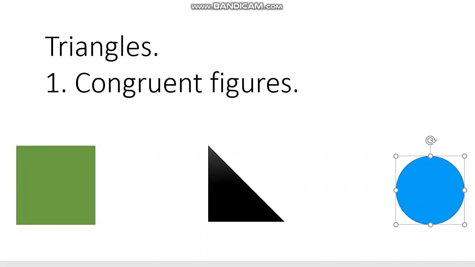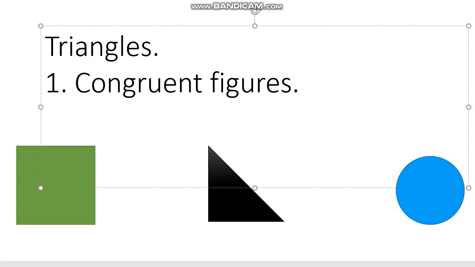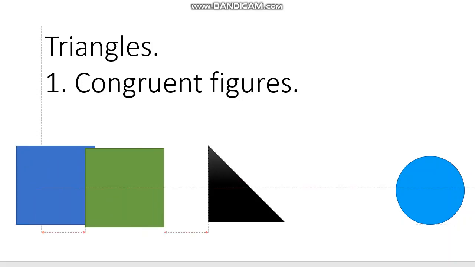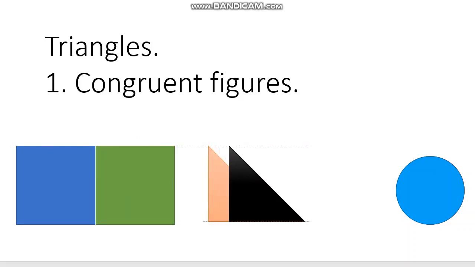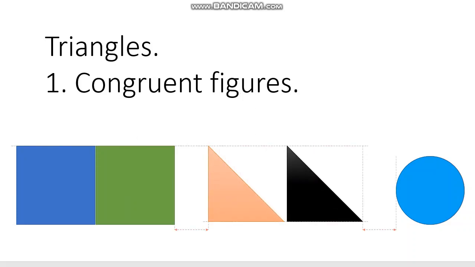Now what does this show? This says that the figures are duplicate of one another. See, blue one and green one, both of them have same size, same shape. Similarly, here the triangles have same size, same shape, and when they are put on one another, they hide the figure that is below it.